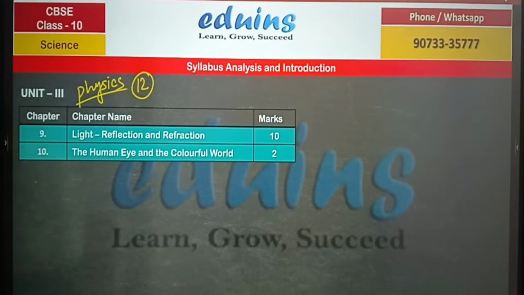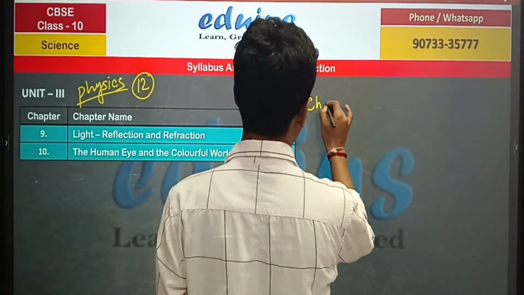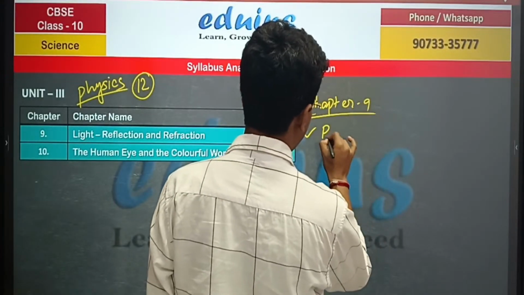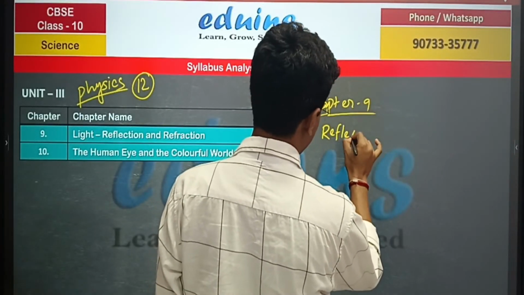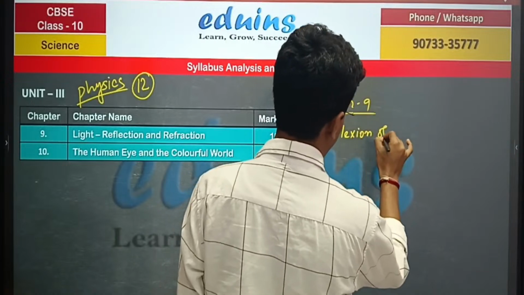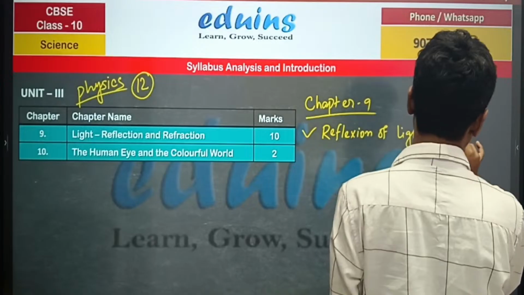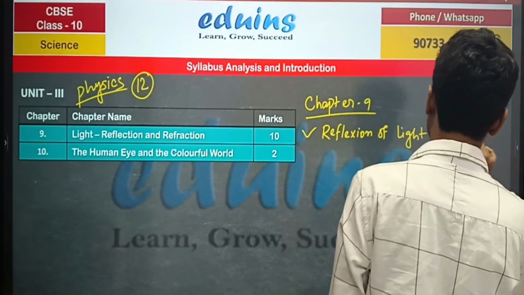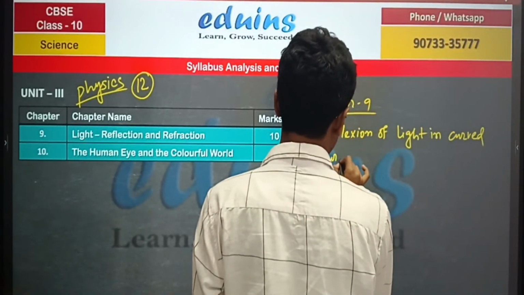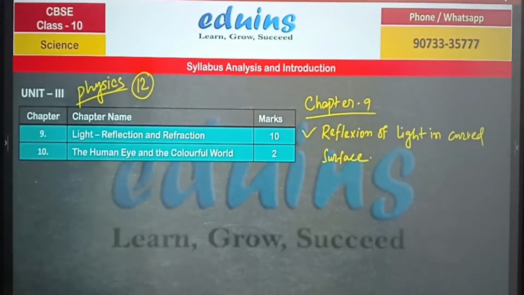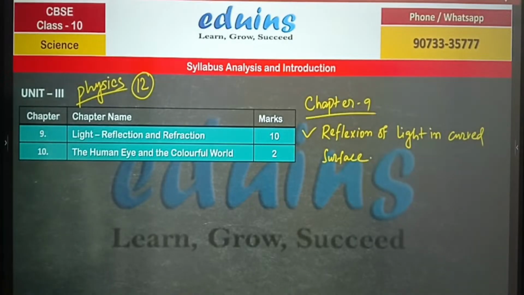So first we will study reflection of light, that is chapter 9, reflection of light in curved surfaces.